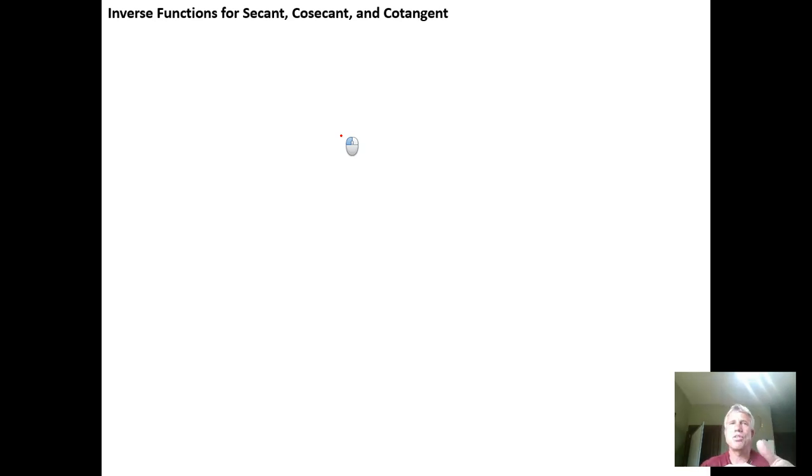And you actually should be able to look at the graphs of the secant, cosecant, and cotangent functions and come up with what the restricted domains would need to be. And that should be something that could actually be left as an exercise. But let's just talk through these three real quickly without being too detailed.